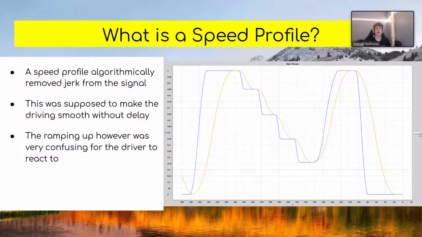It algorithmically removed jerk from a signal, which would theoretically reduce tipping. However, the delay that this filter caused was so severe that drivers would oftentimes lose control of the robot, because the initial acceleration was extremely difficult to notice, and the driver would try to speed up more and more while it was still accelerating, and the robot would end up going way faster than expected.